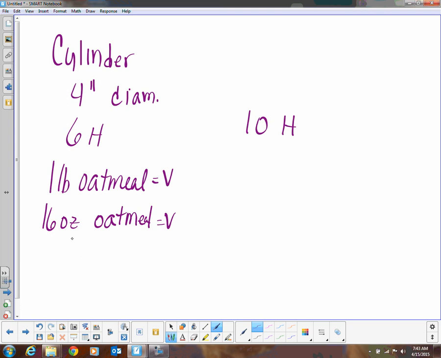A volume measure. Because if you look at a measuring cup, it tells you ounces. So what is the scale factor? But that's in inches, and we need ounces.